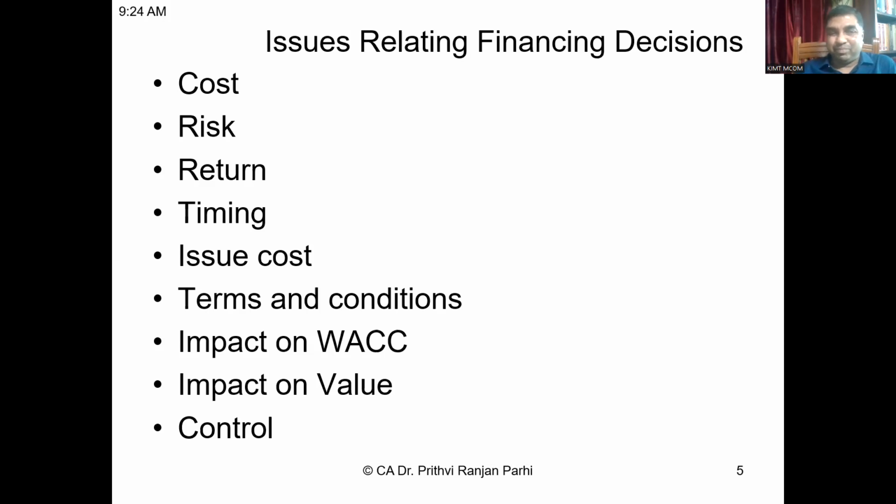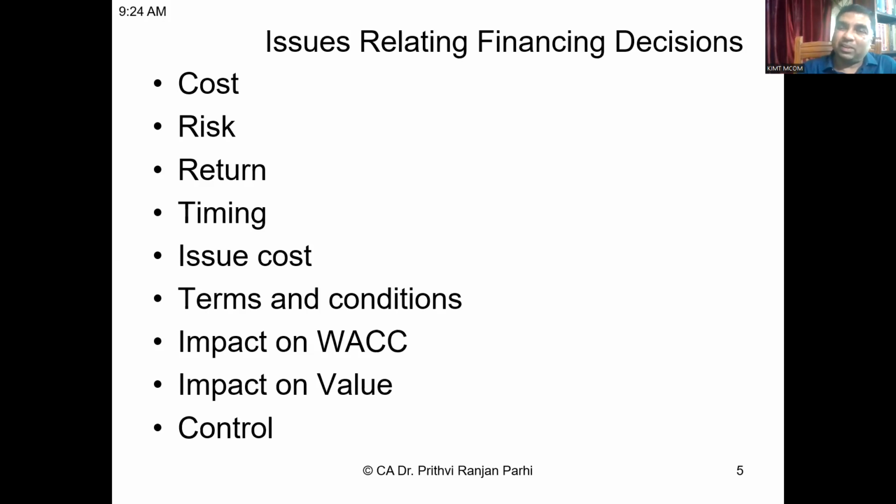What is the timing? Then what is the issue cost? What is the cost of issue? Suppose you want to issue equity shares, that has got a cost. And this particular loan or money is available subject to certain terms and conditions. So what are these terms and conditions? That also I need to know. Okay, these are the issues.